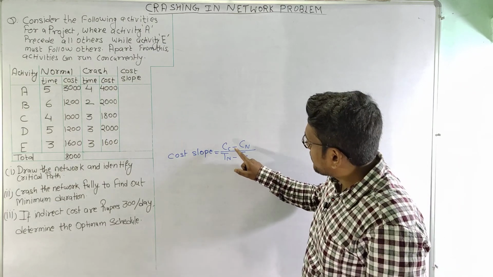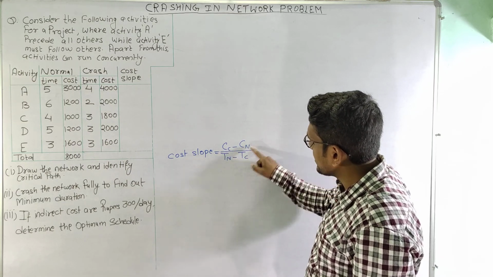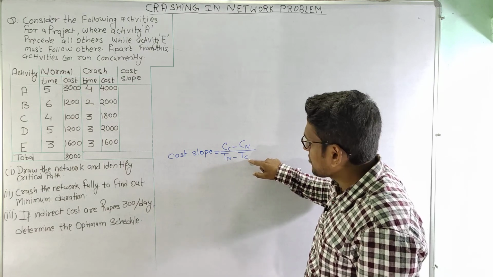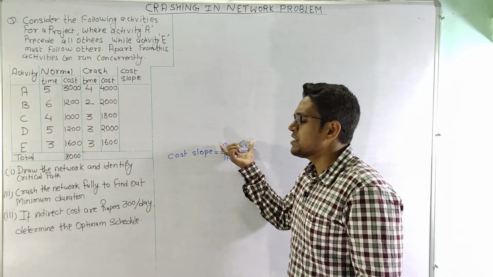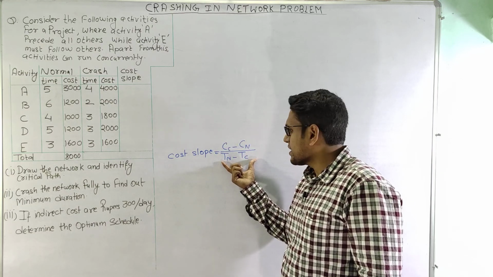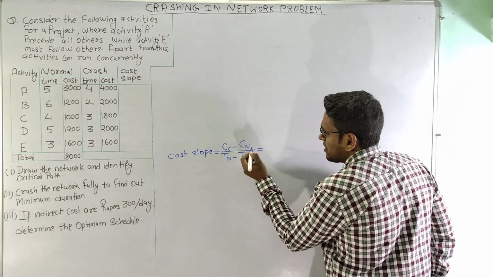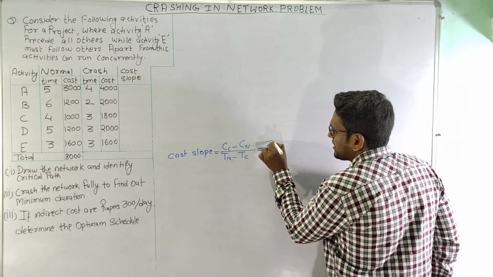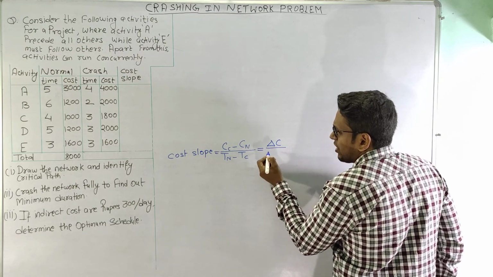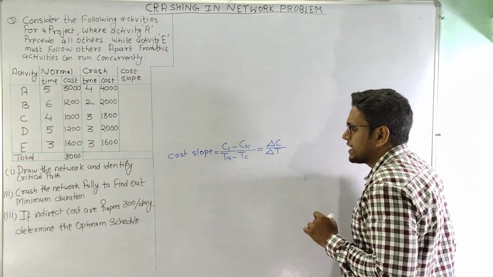This is the difference between the crash cost and normal cost divided by the difference between normal time and crash time, or simply delta C, the change in direct cost, divided by delta T, the change in time.